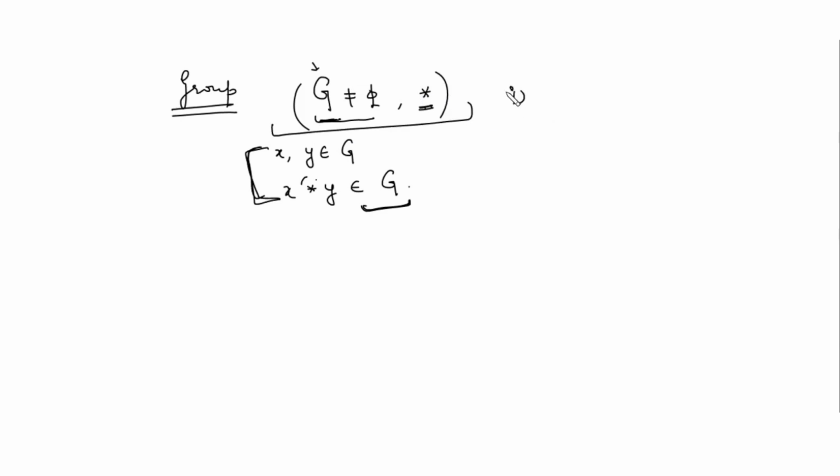The first one is that the set should satisfy the associative property with respect to the binary operation star. Means what?